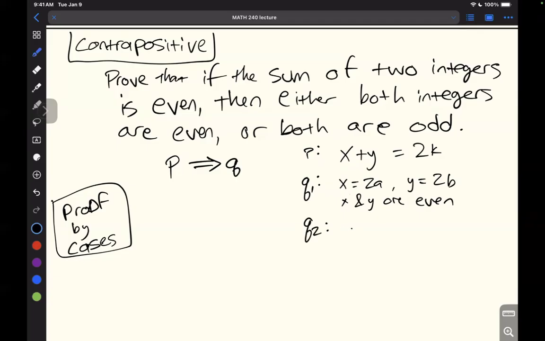And then our second case is both are odd. So X is equal to 2A plus 1, Y is equal to 2B plus 1, or X and Y both odd.